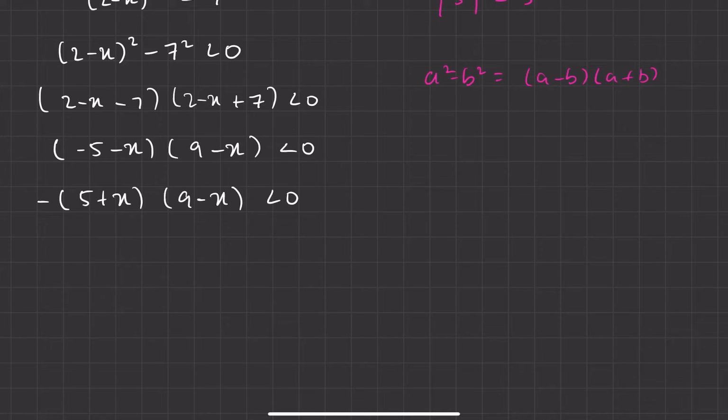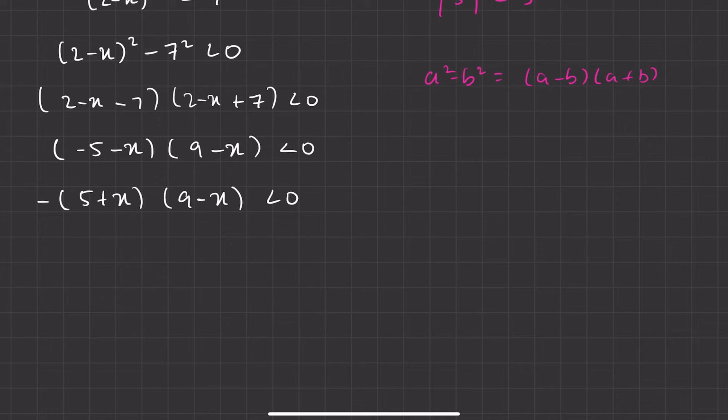Cool, so this now looks like something that we are very familiar with. It's just a parabola that we can graph. So let's do a quick graph over here. We have minus 5 and positive 9. A big parabola. And basically the question says, when is this graph smaller than 0?